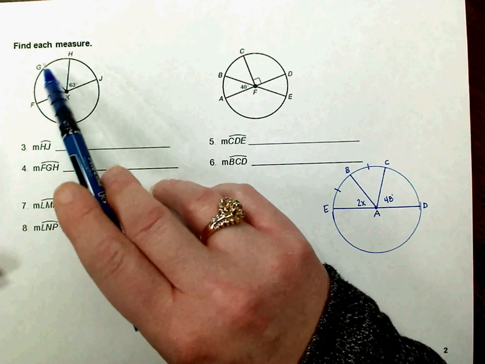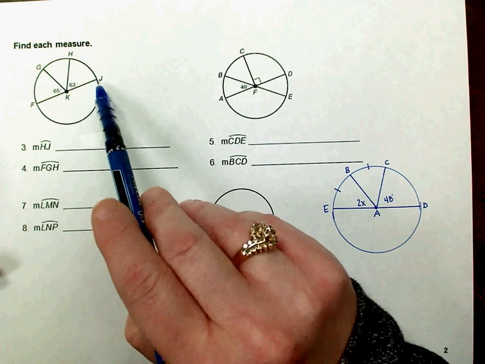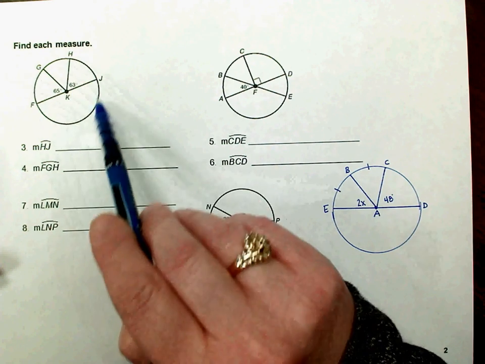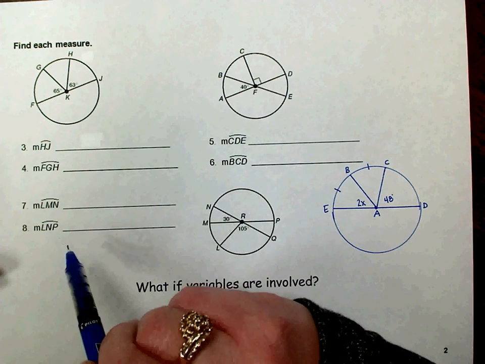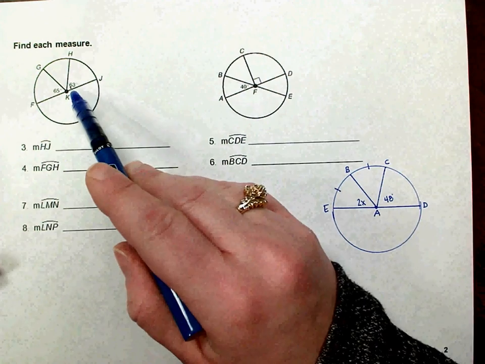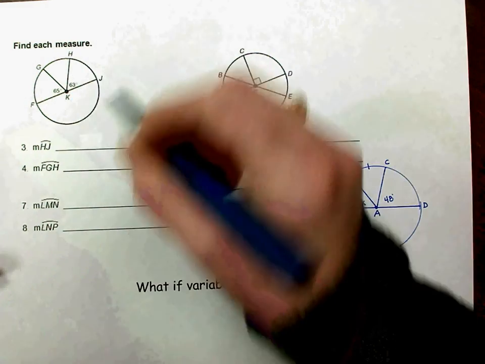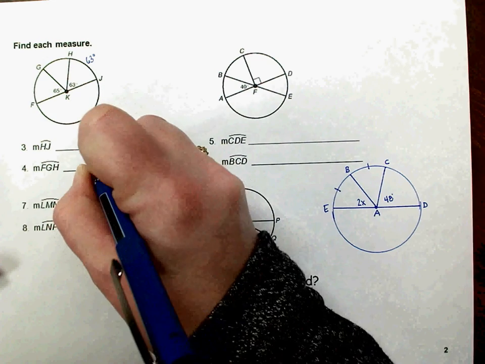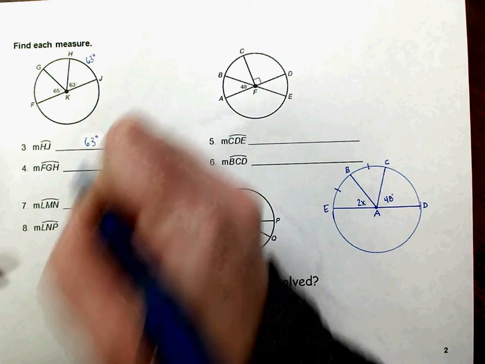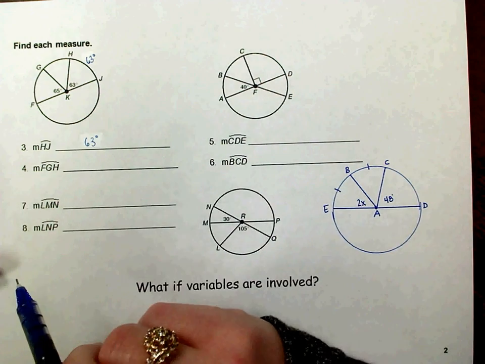It's not talking about HJ from here to here. If it was H to J this way, we'd have to be given a 3rd letter on the way there, so we would know we're talking about a major arc. So minor arc, the central angle, and its arc are exactly the same degree measure, so the measure of arc HJ is 63 degrees. Don't forget your degree symbol.